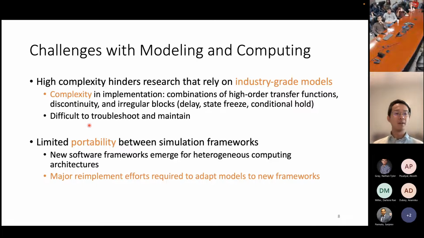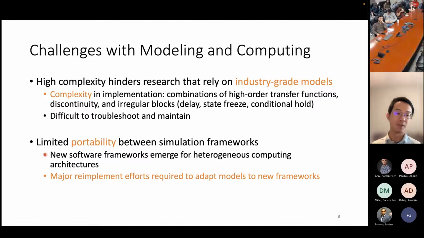And moreover, there is another issue that is sometimes neglected, that is limited portability between simulation frameworks. For example, if I have implemented the model in MATLAB and I want to migrate it to PSS/E, for example, then a lot of times it requires a major effort to rewrite it to a new framework.